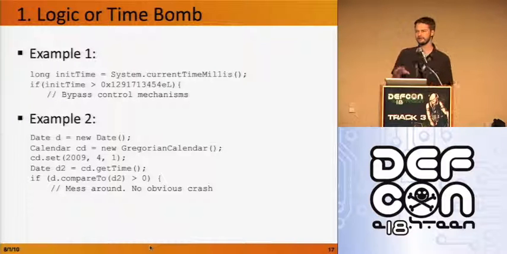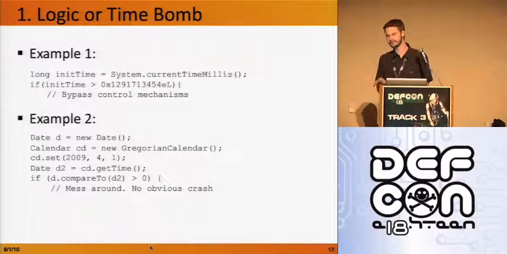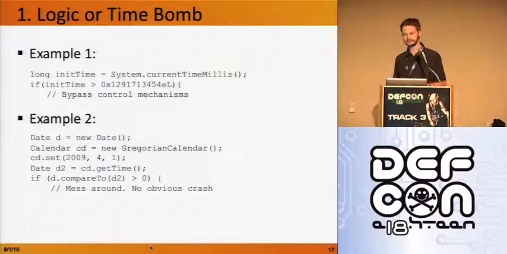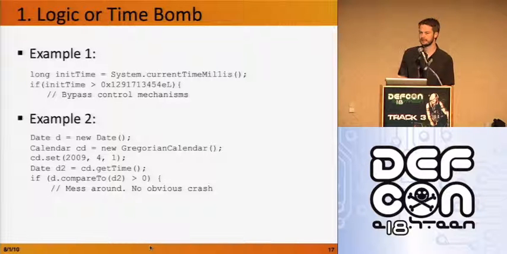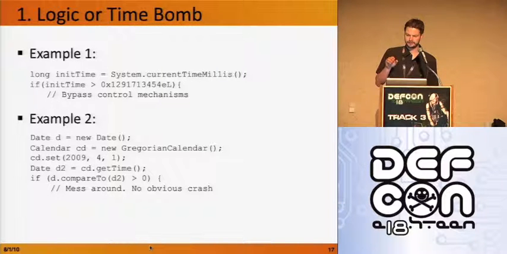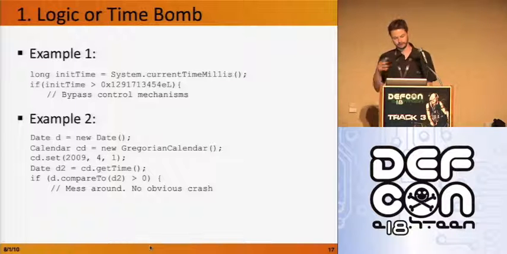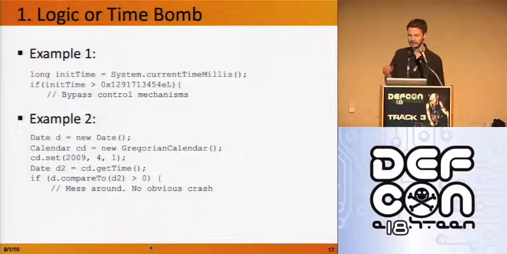What we found in code was not that it was really destructive. People used it for various reasons. For instance, in the first case, what we figured out with this logic bomb was that they tried to bypass a control mechanism. I'm not going into detail of what they exactly did, but there were checks installed, and after a particular date, these checks were no longer valid, so you could easily bypass them.